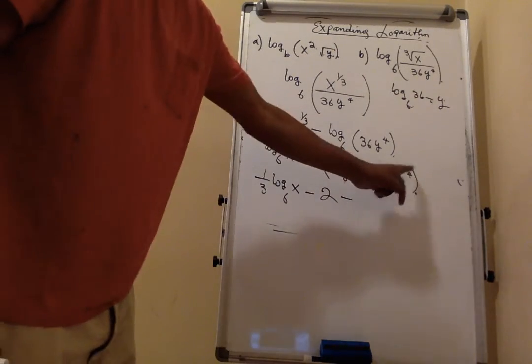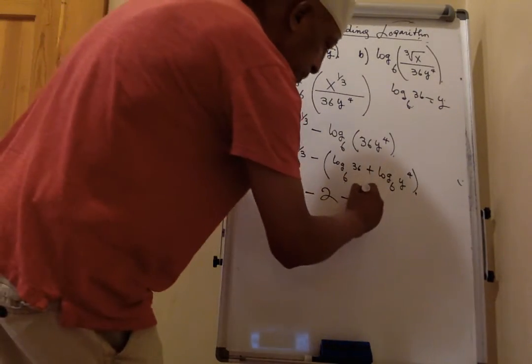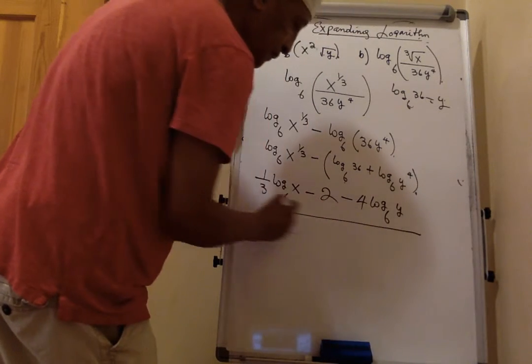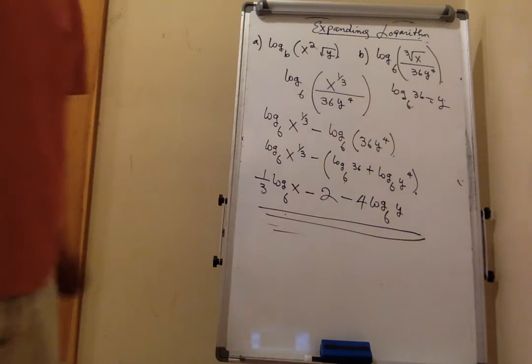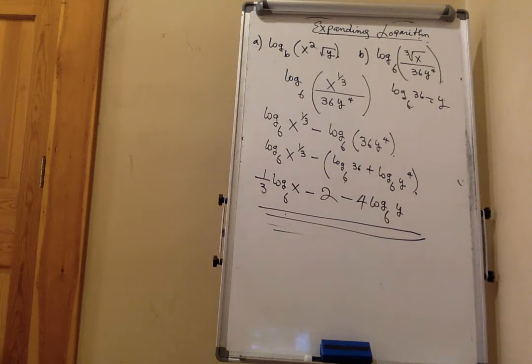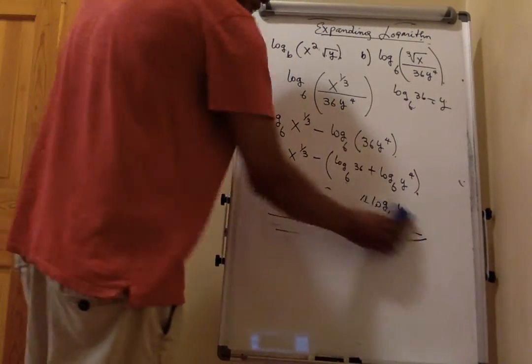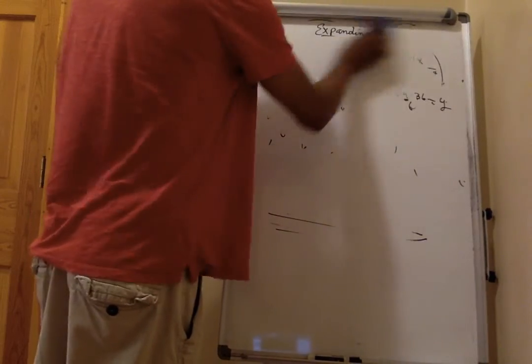Here I have to use what? The power rule. So this would be minus 4 log 6 of y, and we're done. Okay? So even though it looks complicated, it's quite easy. Once we know the properties, then we can actually solve them.